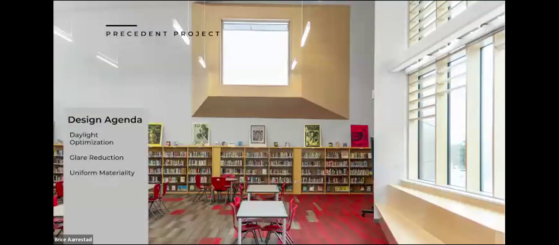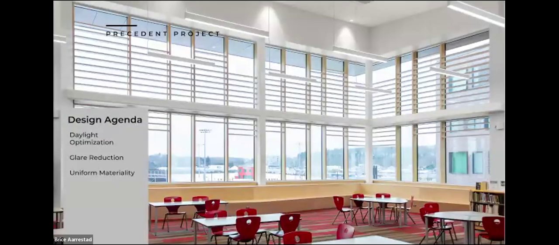One of the ways they did that is through the use of these interior light shelves, and this is in their library and media center. So it looks like a really hyper bespoke, custom curtain wall, but it's really a pretty simple kit of parts. So you have the timber curtain wall that's doing all of the typical things a curtain wall would do.